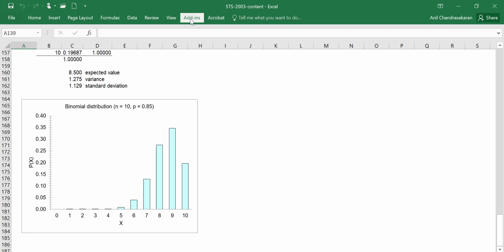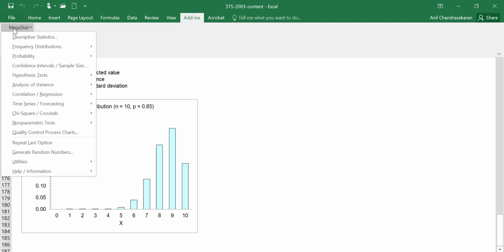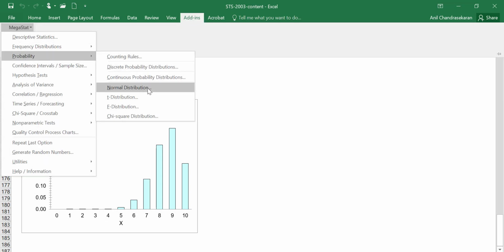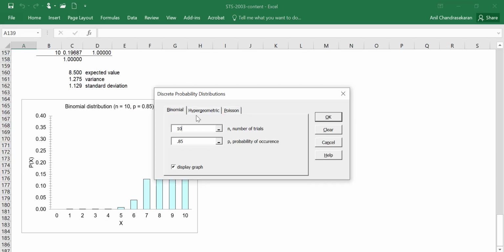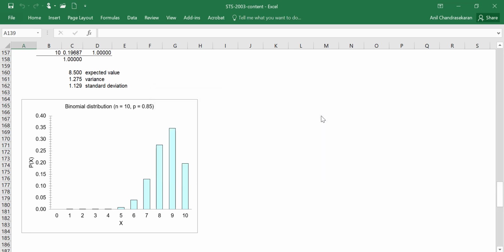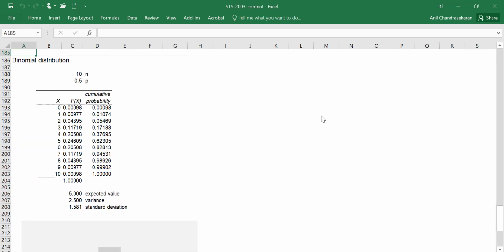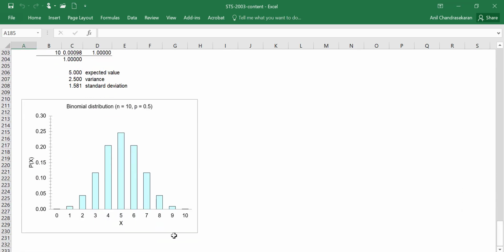Now let's do the same thing for 0.5. Probability, discrete. Instead of 0.85, I shall put 0.5, 50%. Now if you look at here, it's more or less equal on both sides.